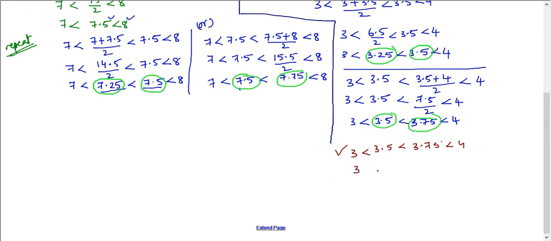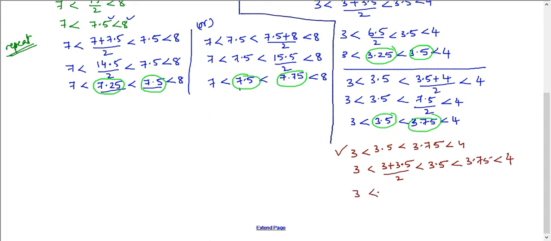So write 3 less than, again 3 plus 3.5 divided by 2 less than, don't forget whatever is the last number, you have to get this number. If you skip 3.5 and write 3.75, it's wrong. So 3.75 next, and then 4 next.